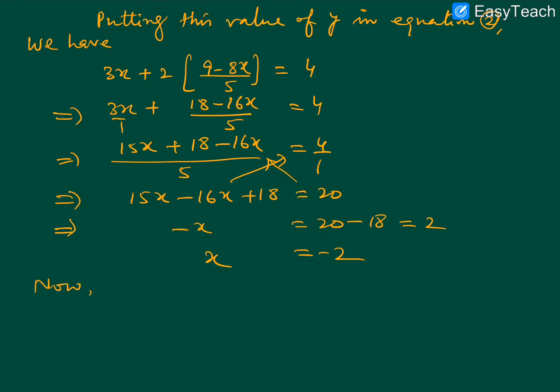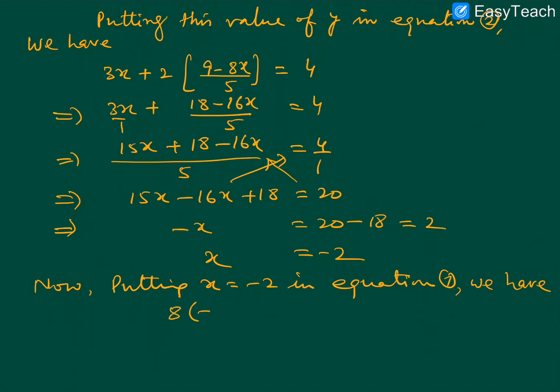Now putting x is equal to minus 2 in any one, suppose in equation 1, we have 8 into minus 2 plus 5y is equal to 9.